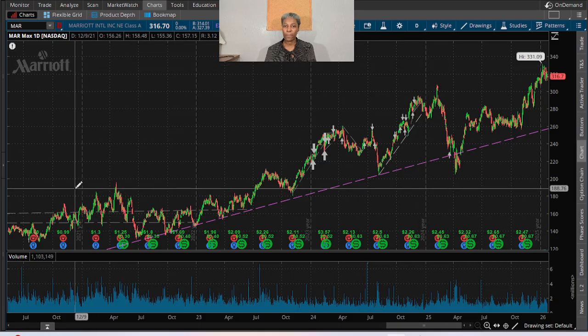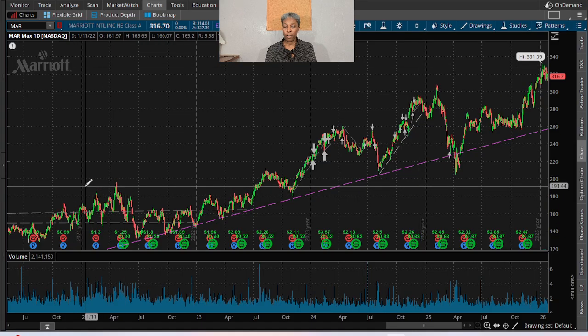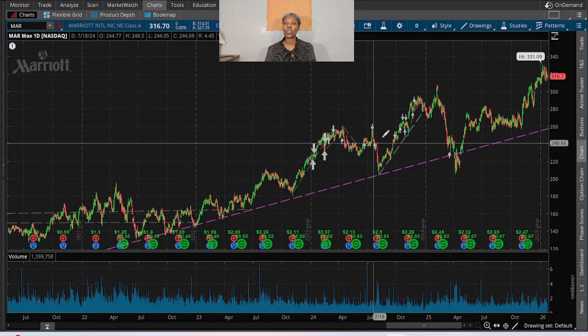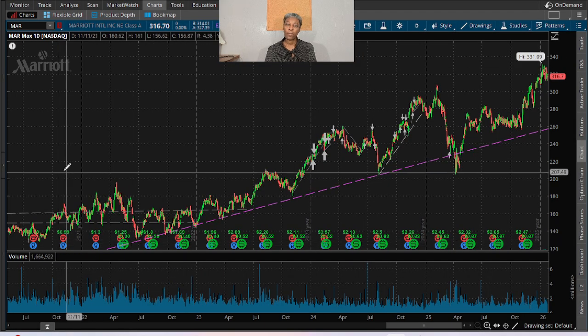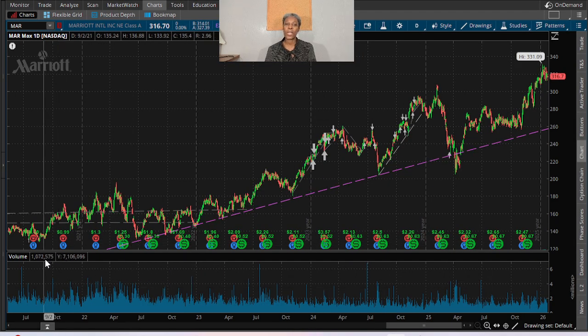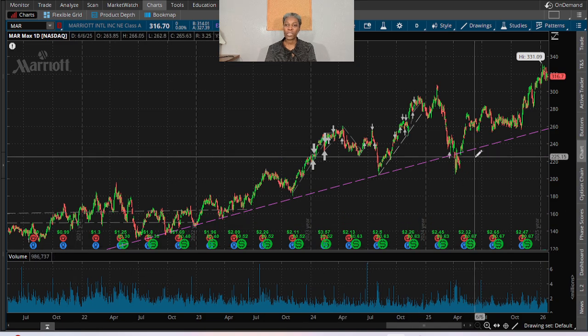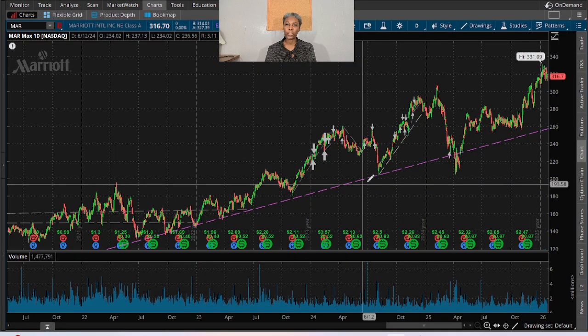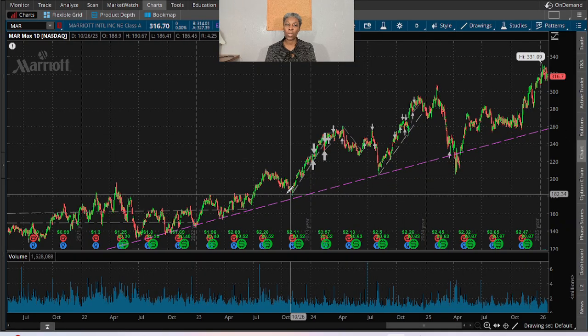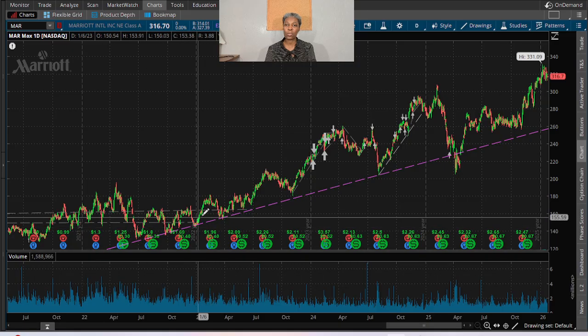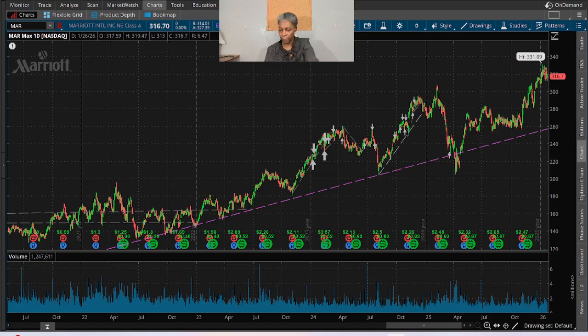So we have higher highs at the top of the mountain, and then we have higher lows. This low is higher than this one, and so on. By connecting those, you'll have that oblique line.